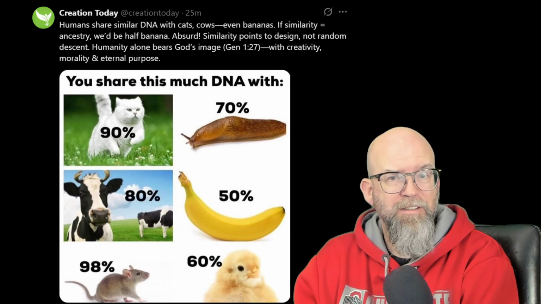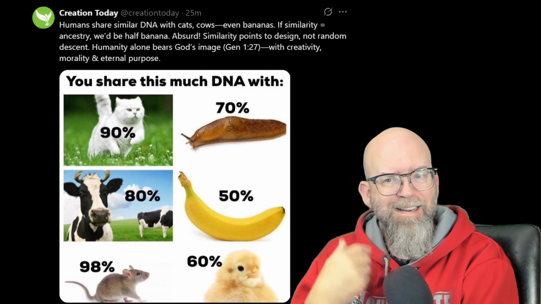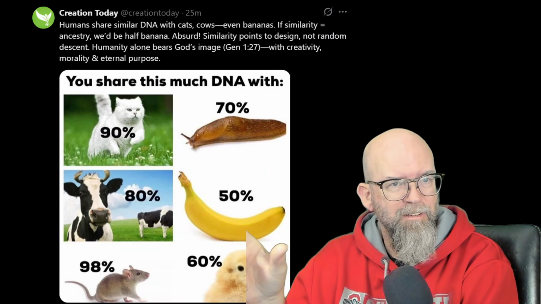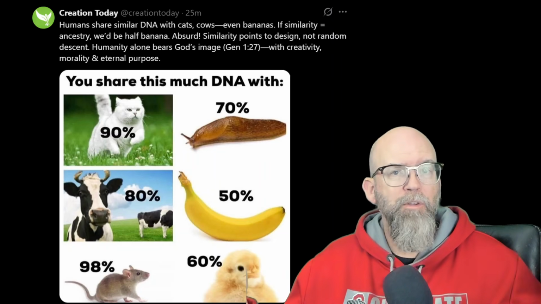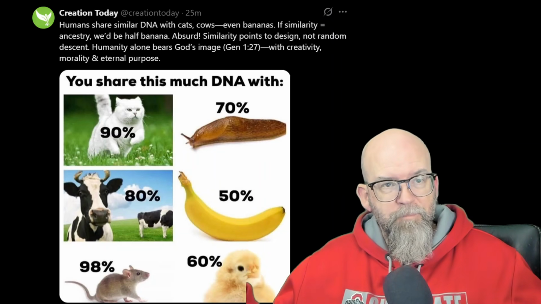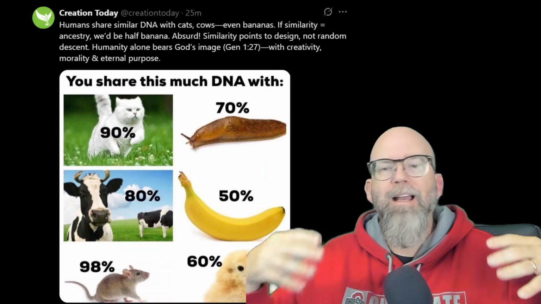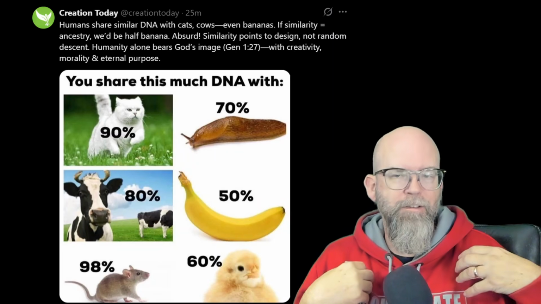The 98% similarity between a mouse and a human being is based on lining up all the common genes, right? The genes that we have in common, a lot of core genes that all mammals share. And so a bunch of homologous genes, you say, they got an insulin gene, I have an insulin gene. You've got an olfactory receptor gene, and I have an olfactory receptor gene.